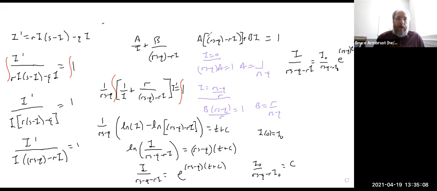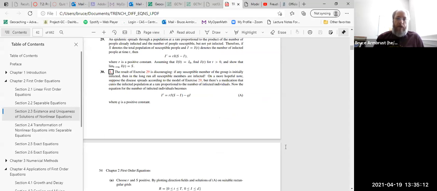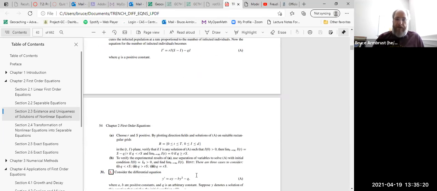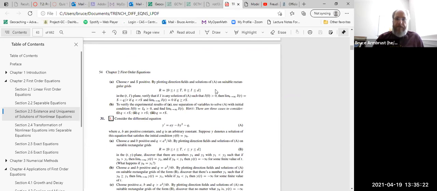Which, if we go back and look at what it asks us to do, it said plot direction fields. So we can choose an R and an S, put in the numbers. R equals 0.5, S equals 1,000, whatever we want, and then we can plot it.